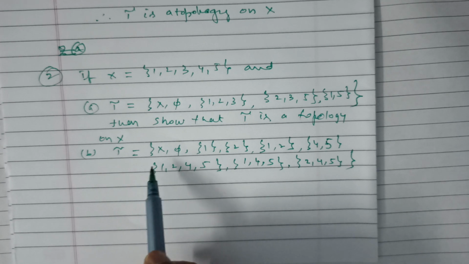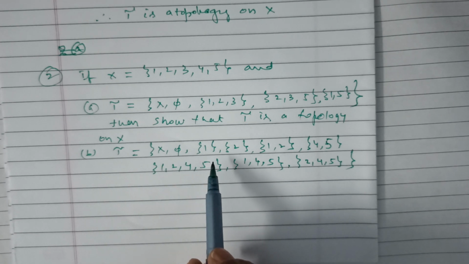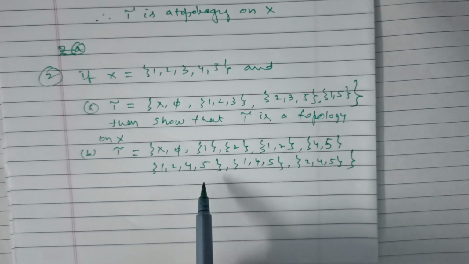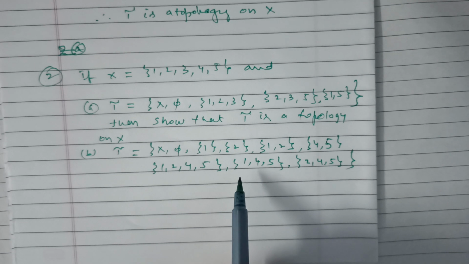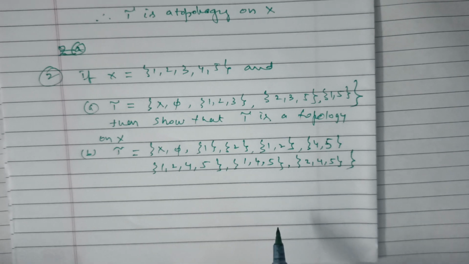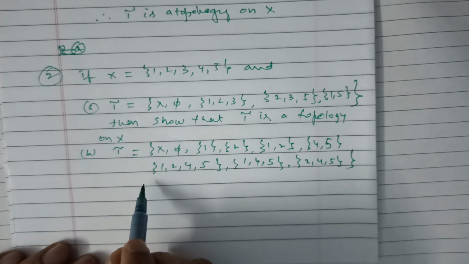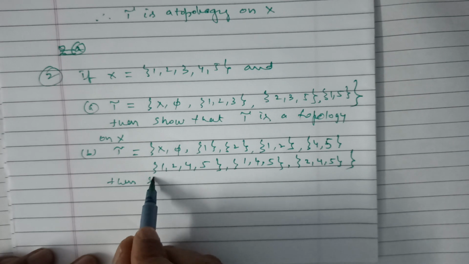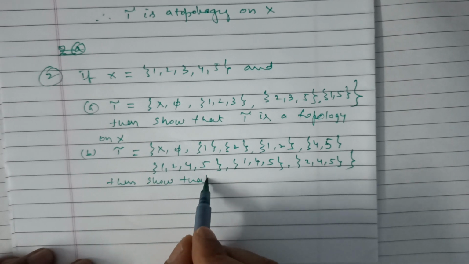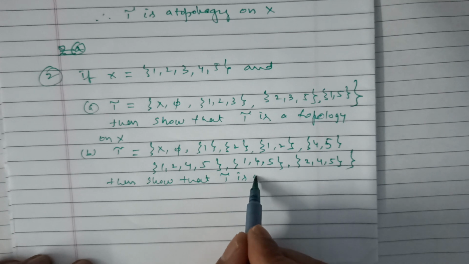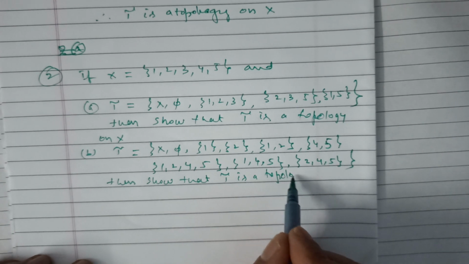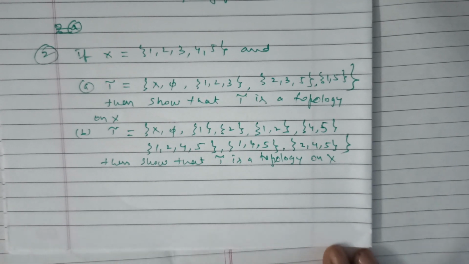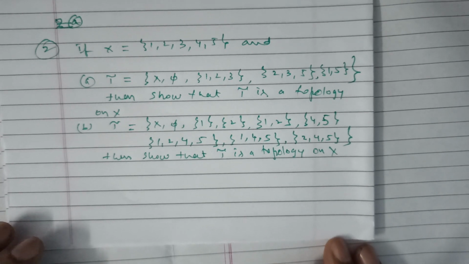So once again, tau is equal to X, 5, {1}, {2}, {1, 2}, {4, 5}, {1, 2, 4, 5}, {1, 4, 5}, {2, 4, 5}. Then show that tau is a topology on X. So let us see the solutions of these two problems.